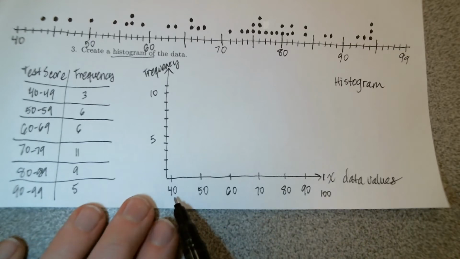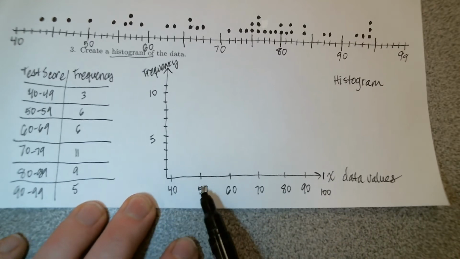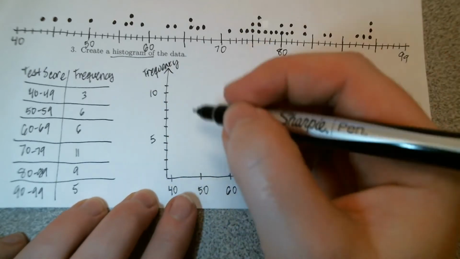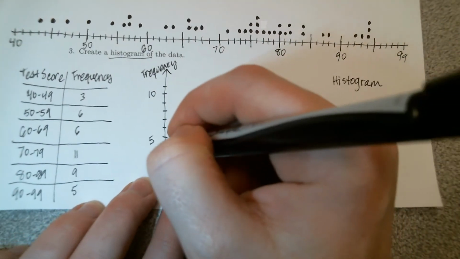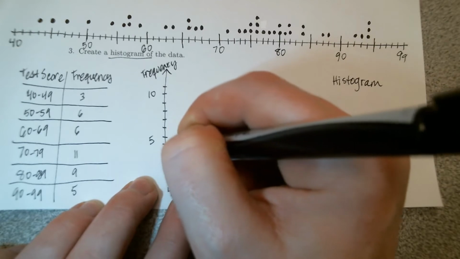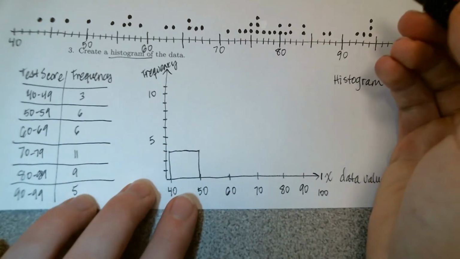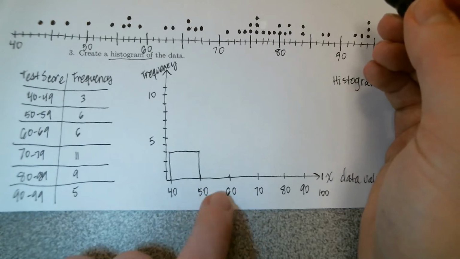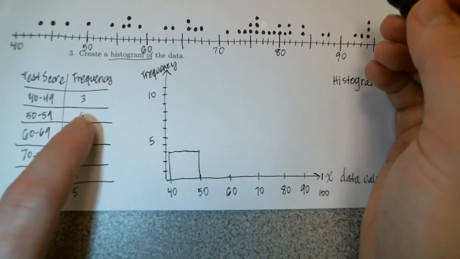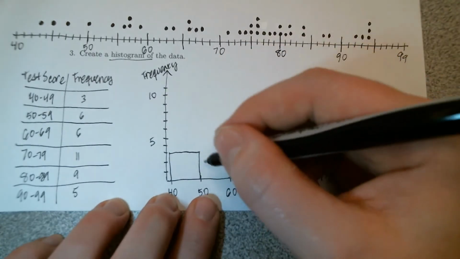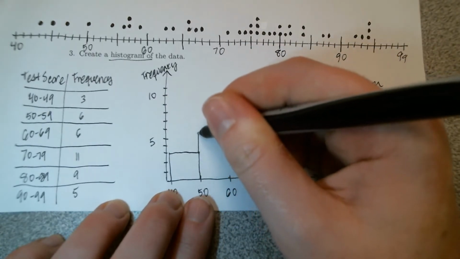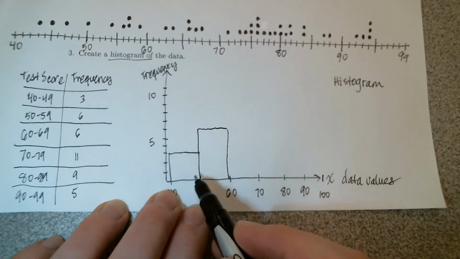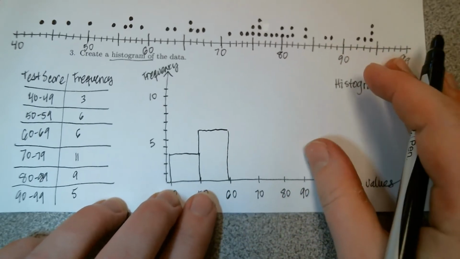The number of scores between 40 and 50 is 3. So a height of 3 right here. The number of scores between 50 and 60, our 50s range, we had 6 scores there. So this bar will be a height of 6. Again, in a histogram, you want the bars in your bar graph to be touching.